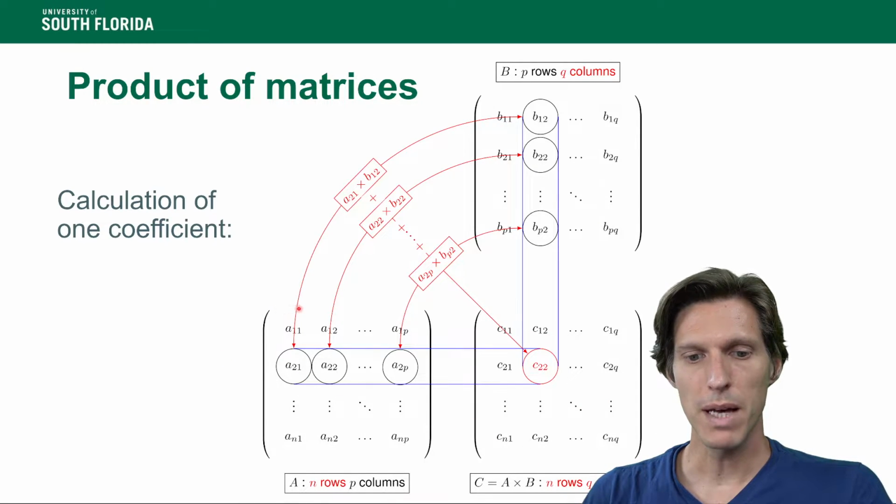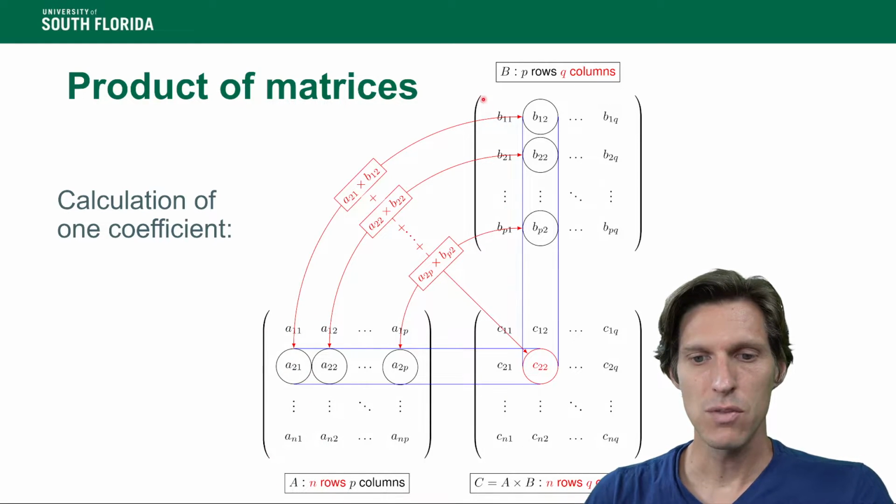So to be compatible, a matrix with p columns and n rows has to be multiplied by a matrix with p rows and some number of columns.